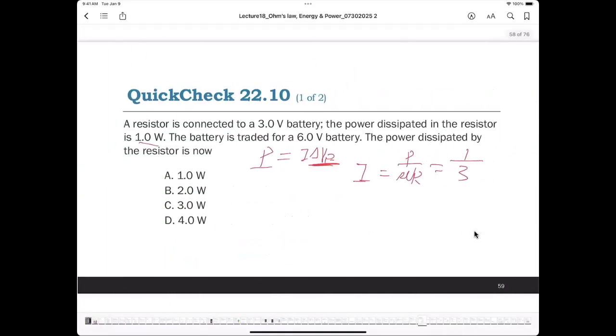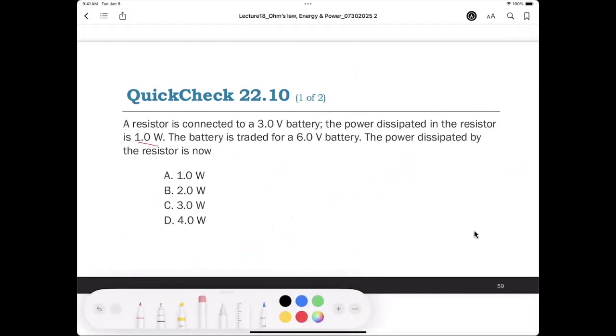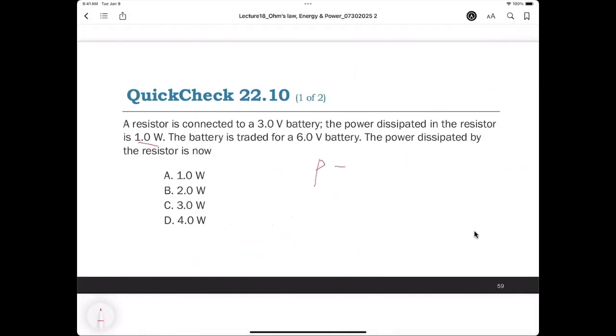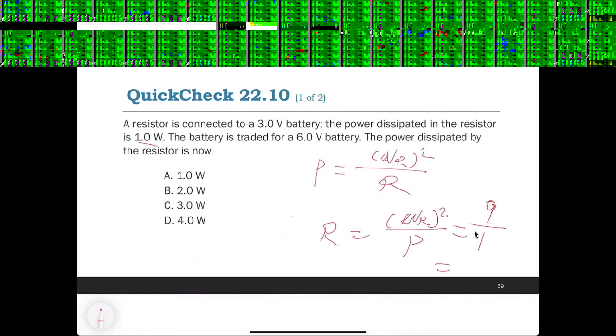Which means we need to use P equals delta VR squared divided by R, which means R equals delta VR squared divided by P. Here it is 3 squared divided by 1, so the resistor is 9 ohm.